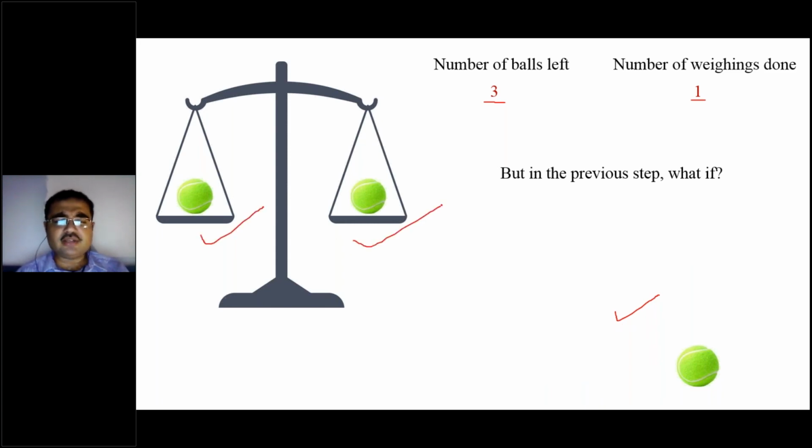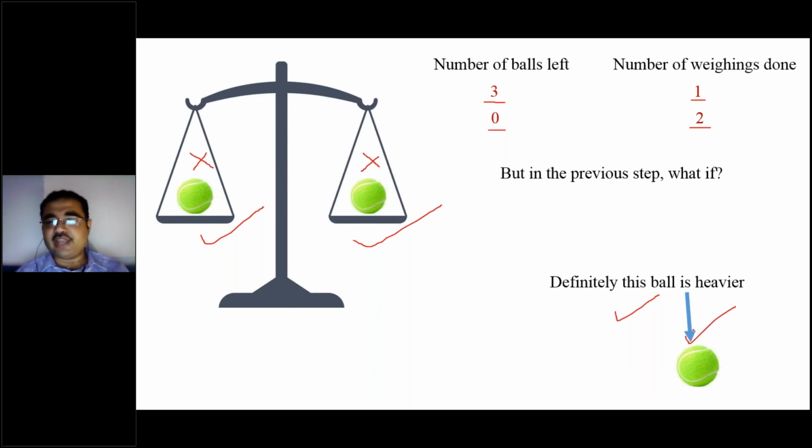Then I can easily say that this ball is not heavier, this ball is not heavier, but one of these balls is heavier. So definitely this is the heavier one. You have detected the heavier ball. Again, 0 balls left. Only in 2 weighings you detected that this ball is heavier.